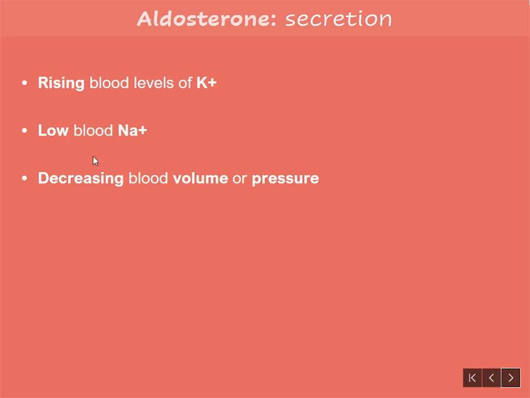Similarly, if there are low blood levels of sodium, aldosterone would be secreted, because remember the goal of aldosterone is to increase the blood levels of sodium. And if there is decreased blood volume and blood pressure, aldosterone will be released in the aim of increasing blood volume and blood pressure by means of the RAS system.